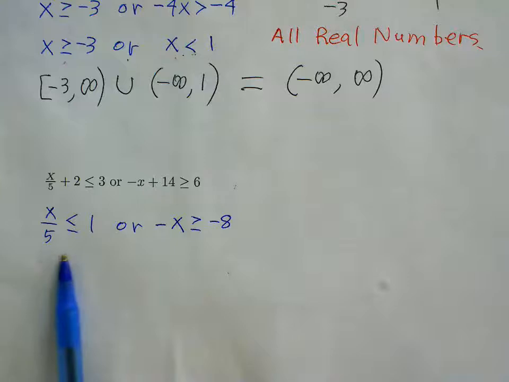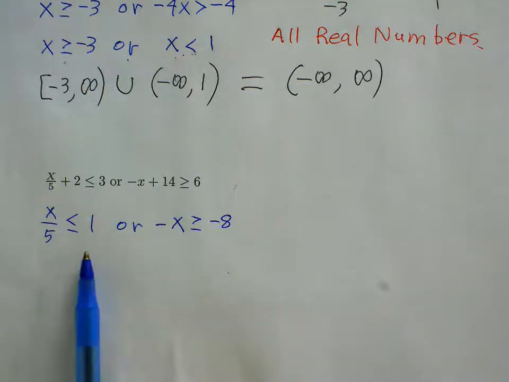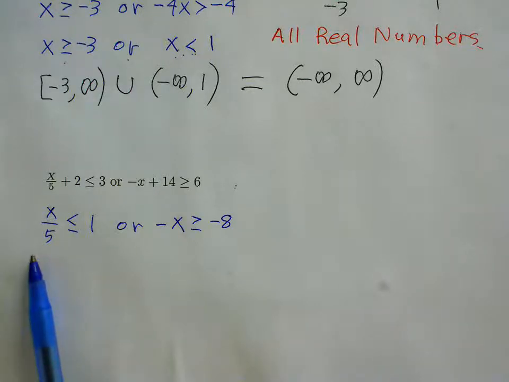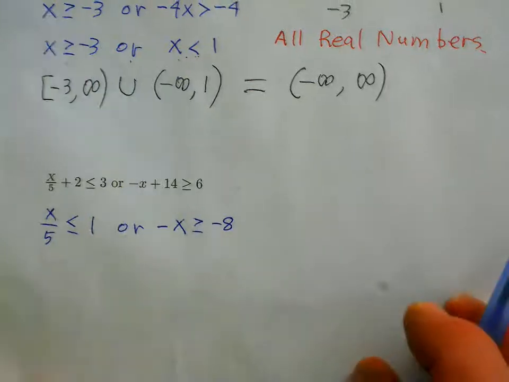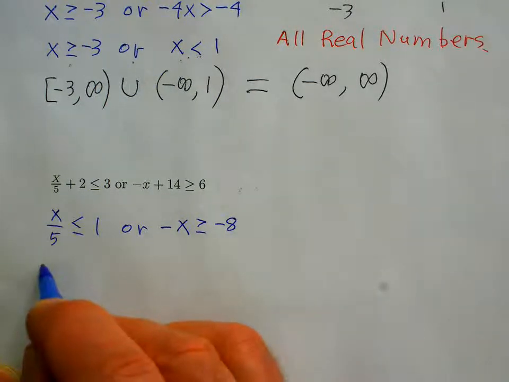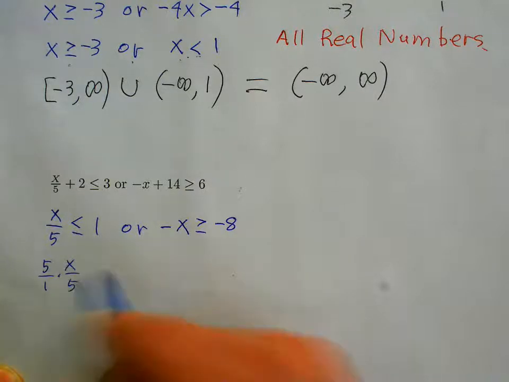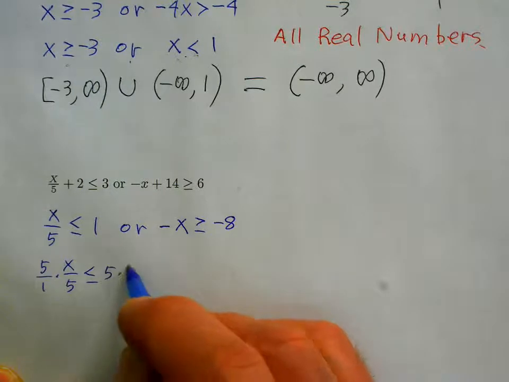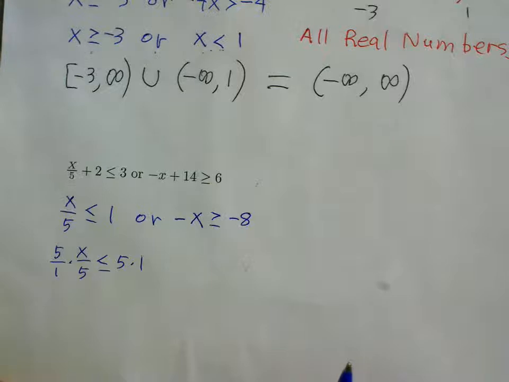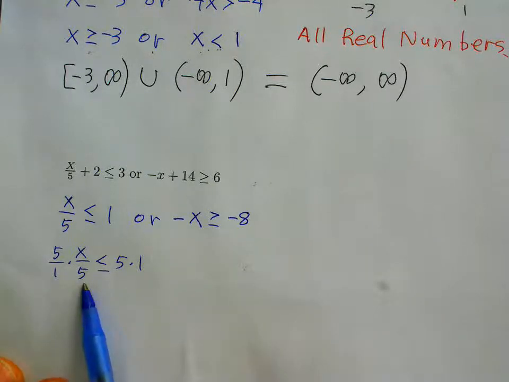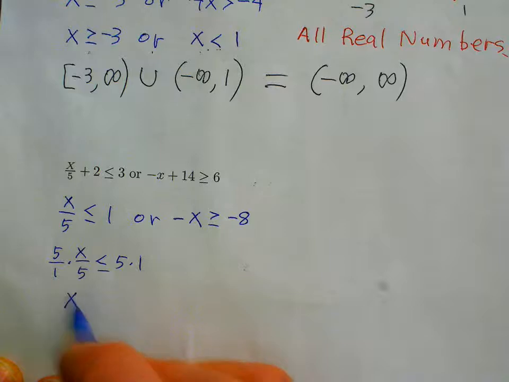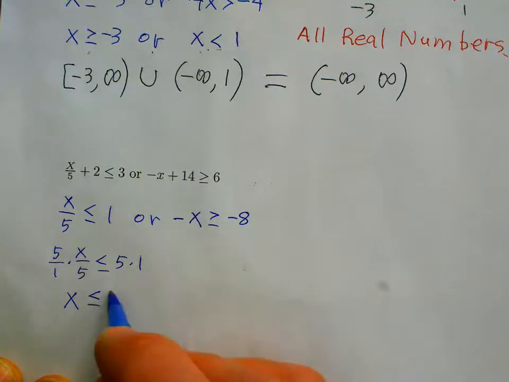For the inequality on the left, x divided by 5 is less than or equal to 1. How do we solve this for x? We can multiply both sides by 5. I'll write that in a little bit of detail. Multiply both sides by 5: 5 over 1 times x over 5 is less than or equal to 5 times 1. And 5 divided by 5 is 1, so the left-hand side simplifies to x, and that's less than or equal to 5.